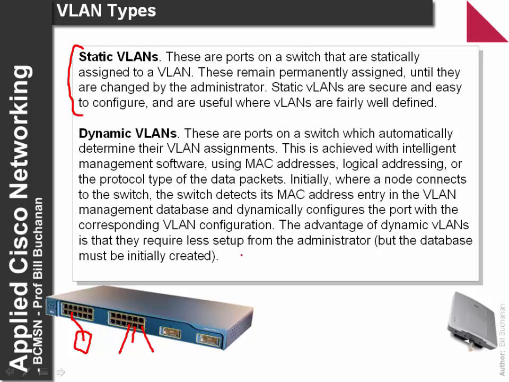For this, we need a database which defines the VLAN that users or nodes connect to. Typically, it detects a MAC address to assign the VLAN. Static VLANs are extremely secure, and they need to make sure that a certain machine connects to a certain port.